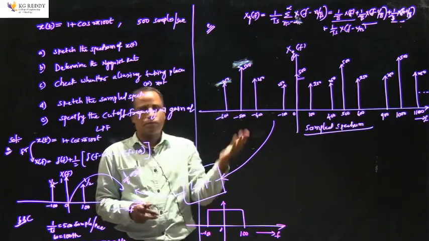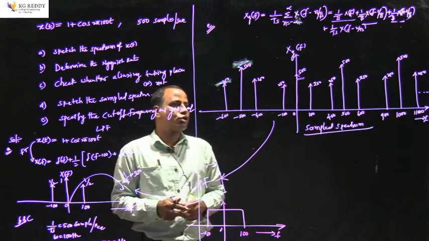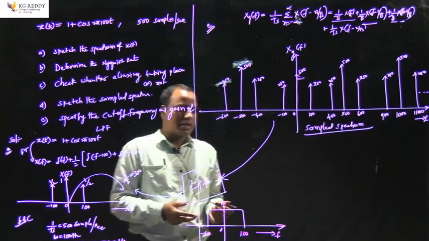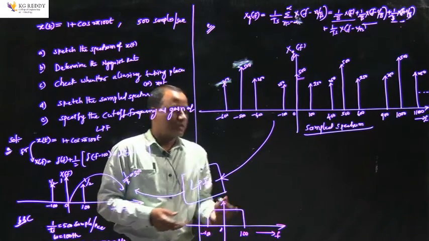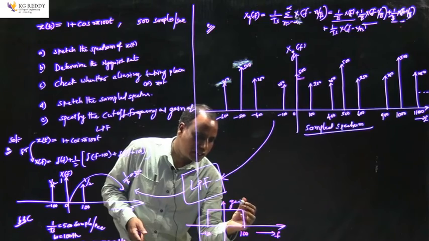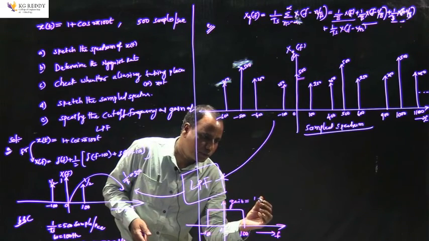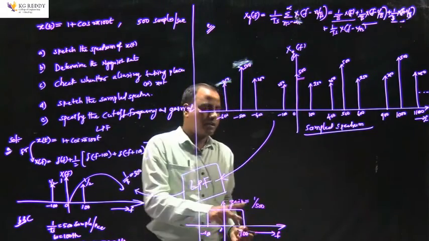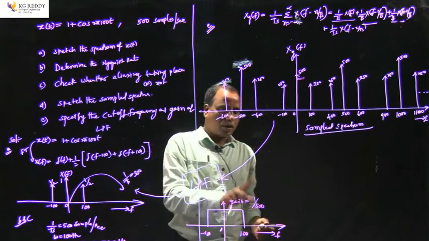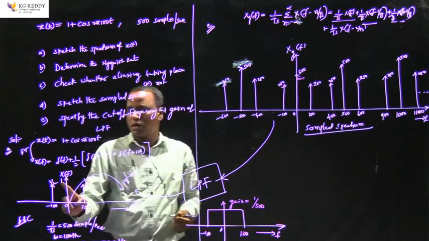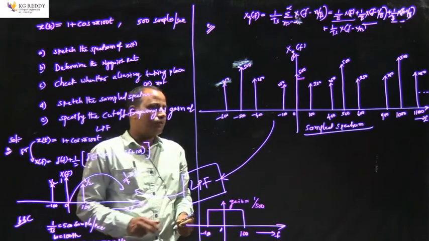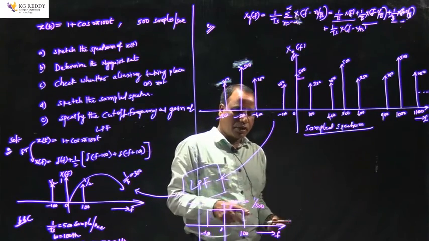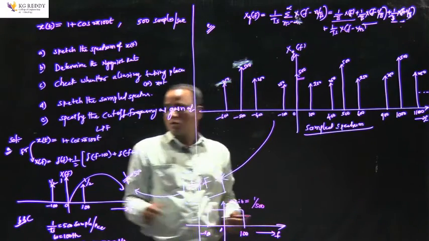So this 500 should be converted to 1 and this 250 should be converted to half. That is possible only if we design a low pass filter with a gain of 1 by 500. 500 into 1 by 500 becomes 1, so you get the amplitude of x of f at 1, and 250 into 1 by 500 becomes 250 divided by 500, which is 1 by 2.